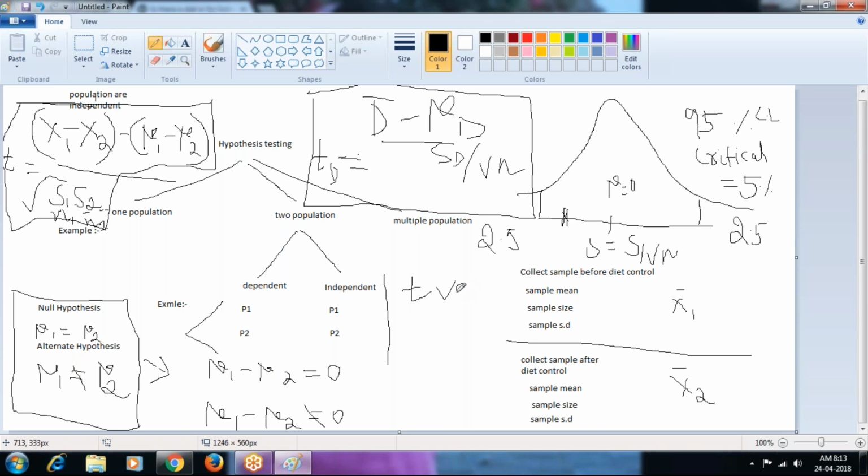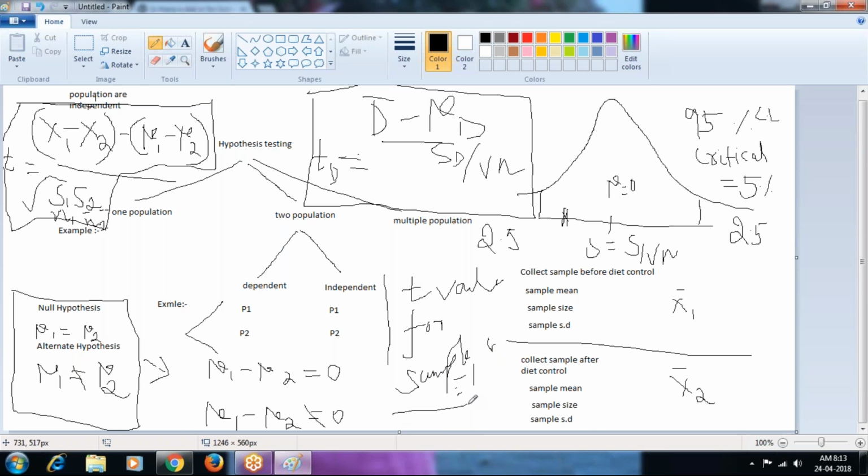Get the t value for your degrees of freedom, which is sample size minus 1.